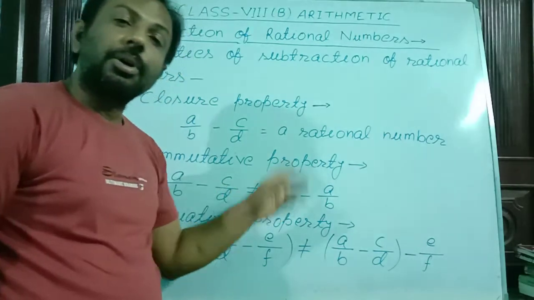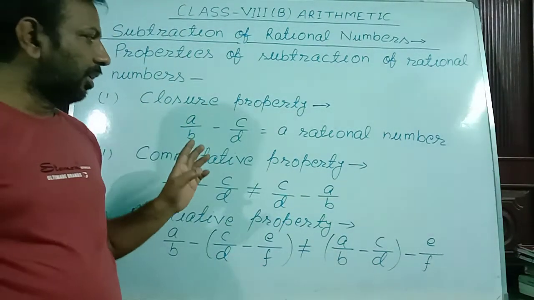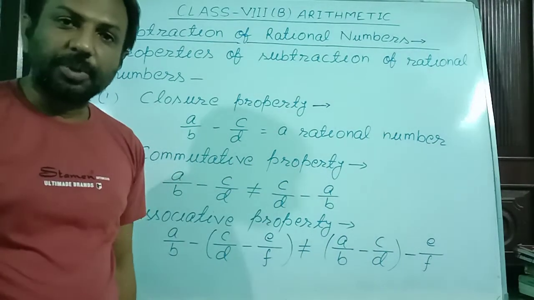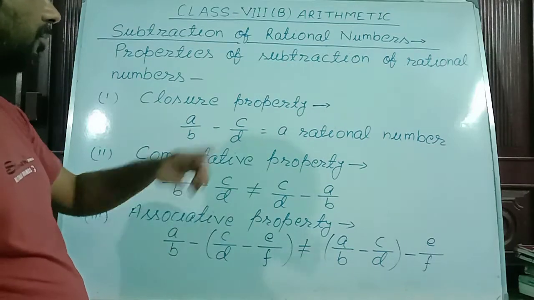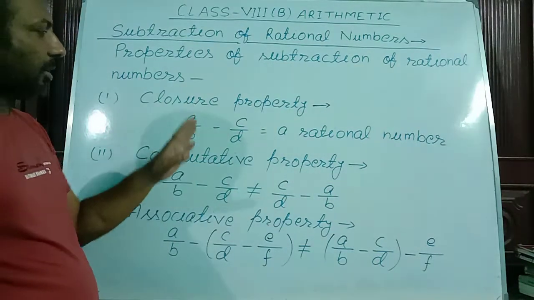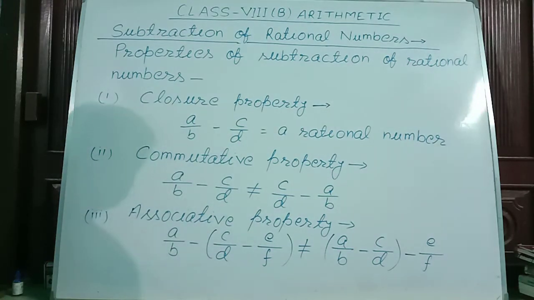These two results will not be equal. Therefore we say subtraction of two rational numbers does not hold the commutative property.